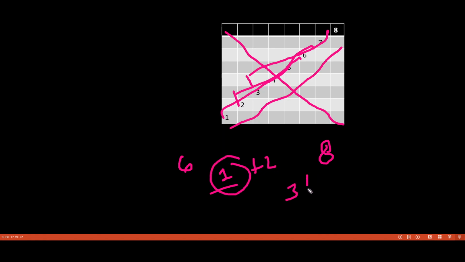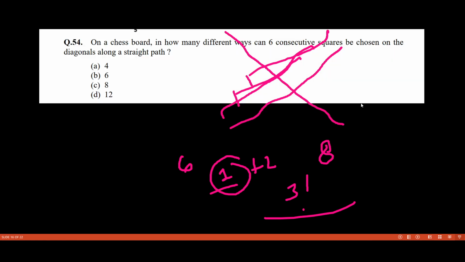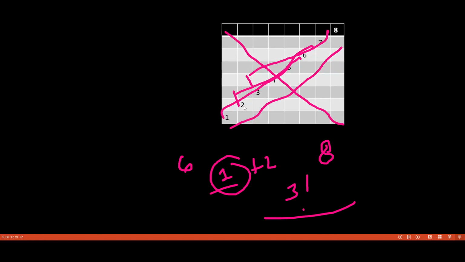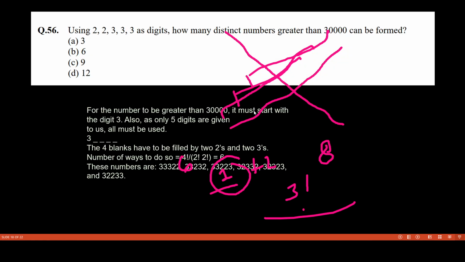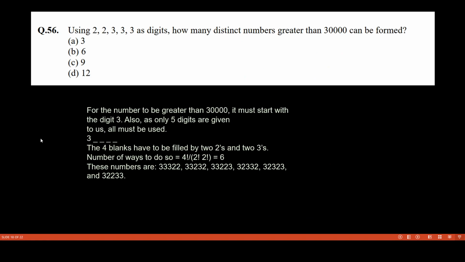So in 3 ways you can do this, which is 3, and 3 plus 3 will be 6. So 6 will be your answer. This is a very simple question which can be done even without the concept of permutation and combination, but still.